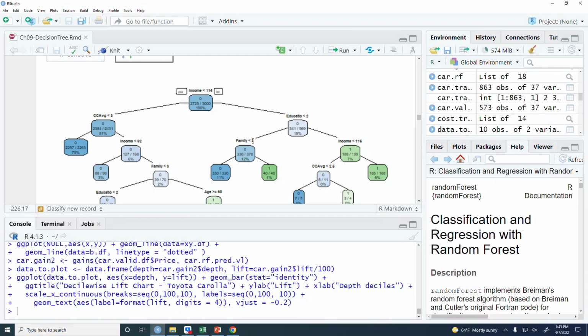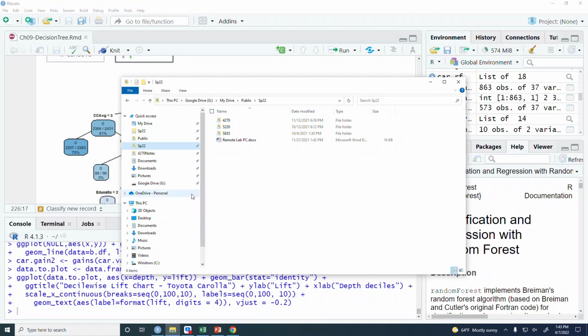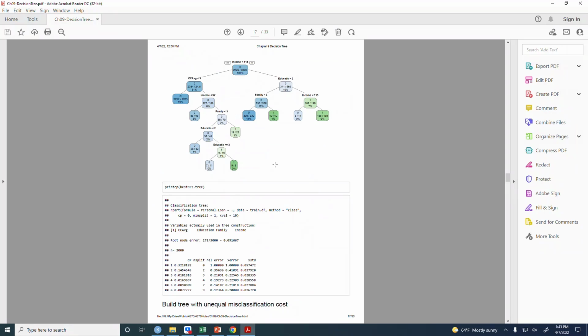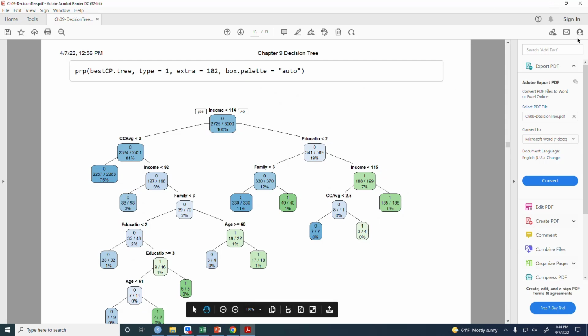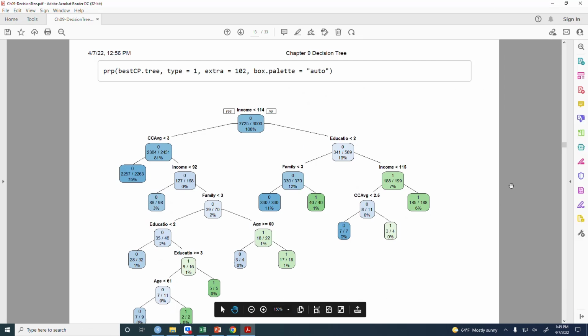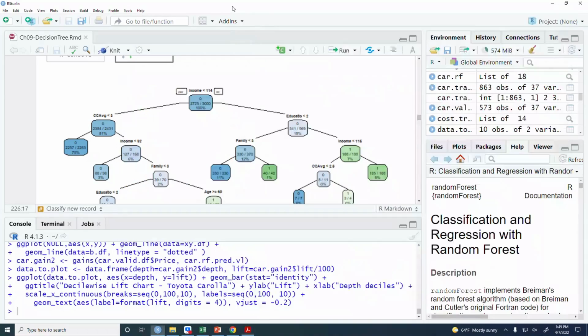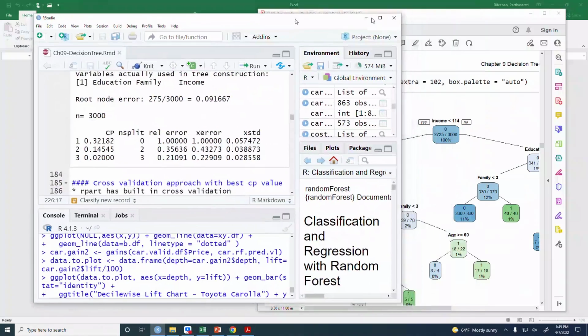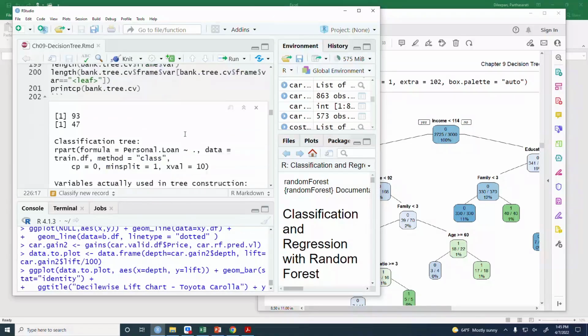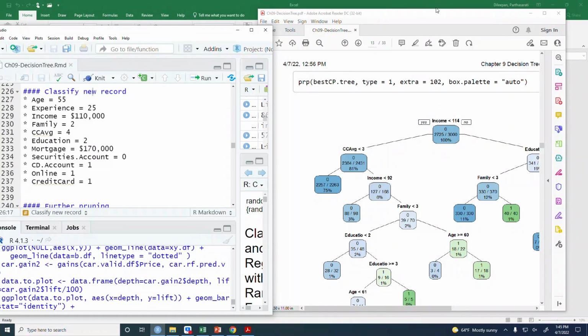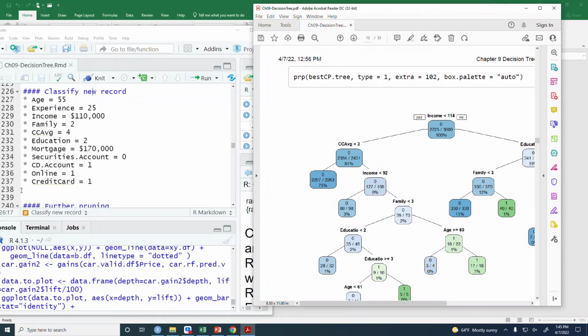If the new case, let me see whether I can do this. I believe this is the one. Let's put that on one side, and let's look at the new case. When you start from the root node, the root node is income.